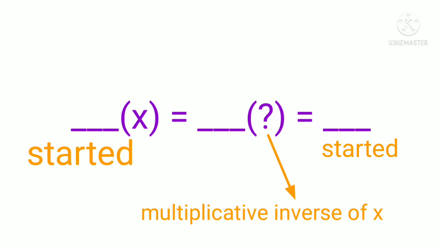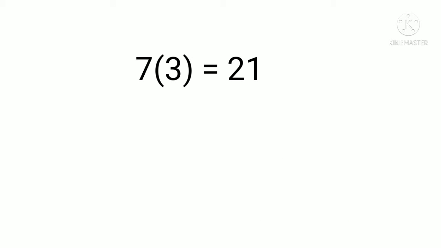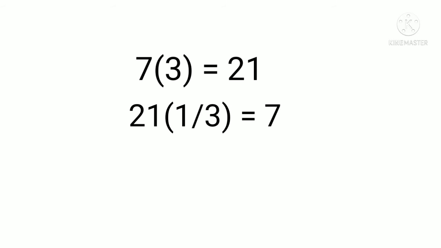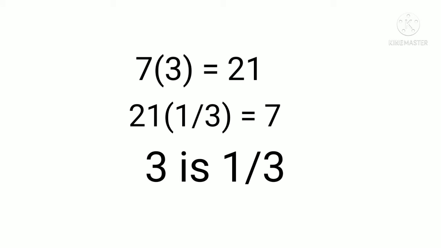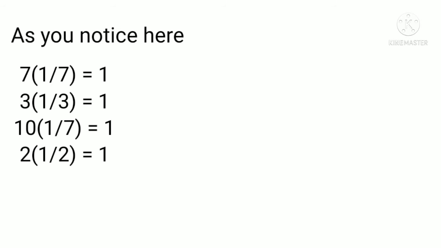For example, if you multiply 7 by 3 to get 21, you can then multiply by 1 third to get back to 7. So the multiplicative inverse of 3 is 1 third, and the multiplicative inverse of 10 is 1 tenth. As you notice here, the product of any number and its multiplicative inverse is always 1.